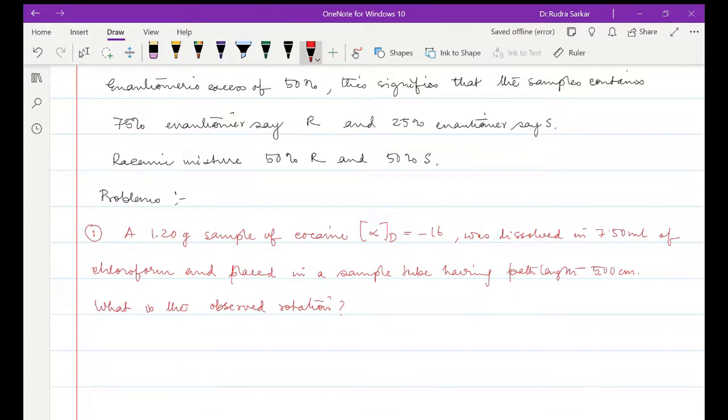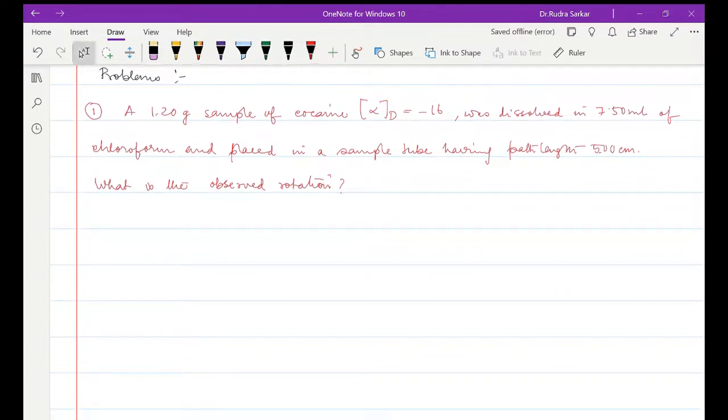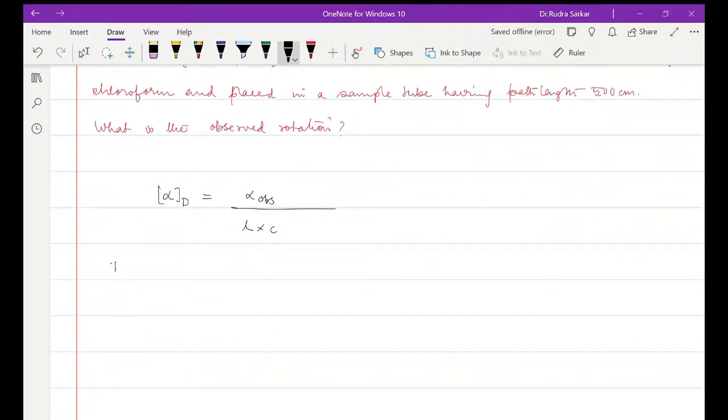So how to do such a problem? How will we do it? So alpha d means specific rotation. What do we know? It is alpha observed divided by L into C. And then what will we write?